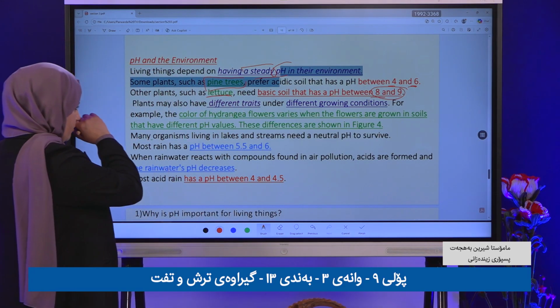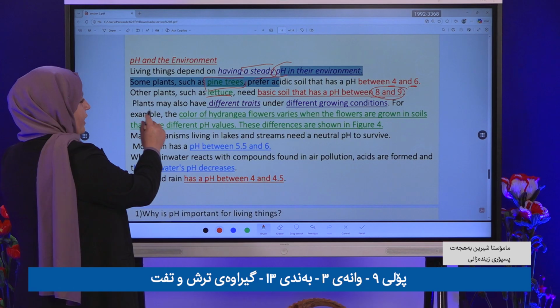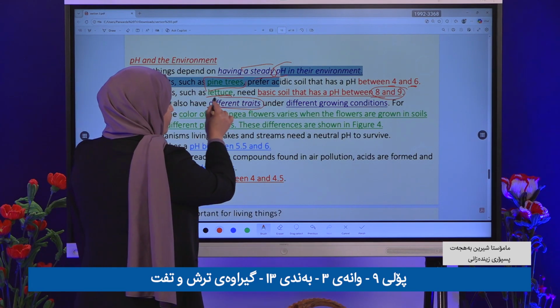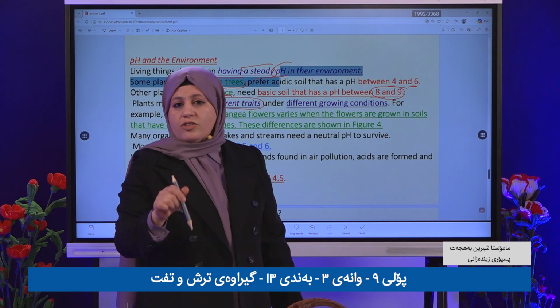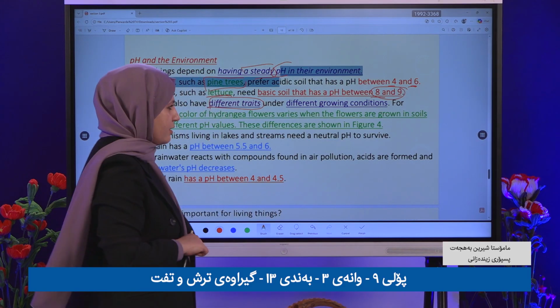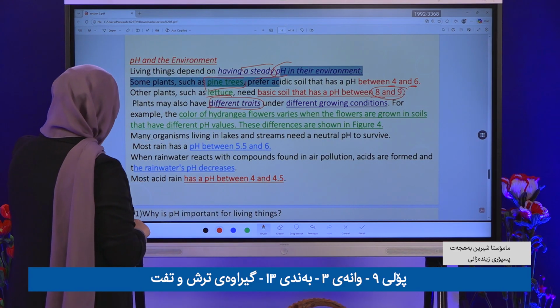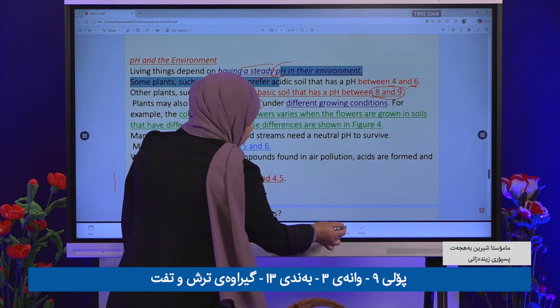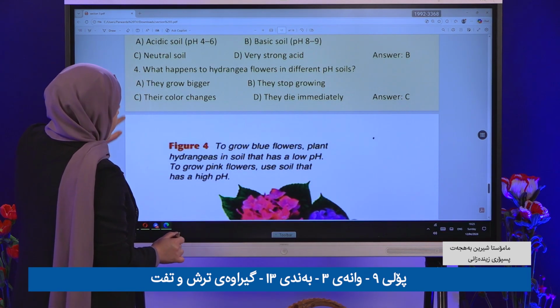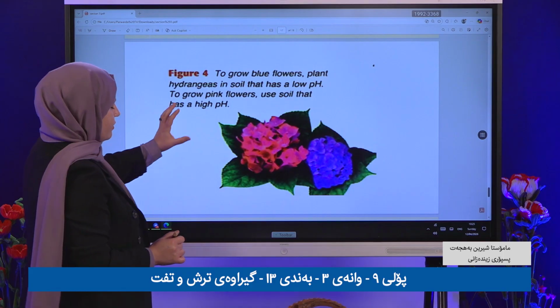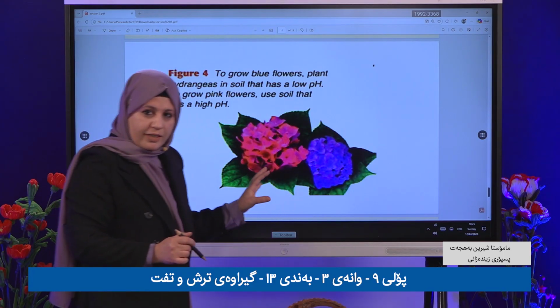Clear? Look at it. Plants may also have different traits. How? pH affects the trait too. For example, we have this plant. Okay, it's very nice.